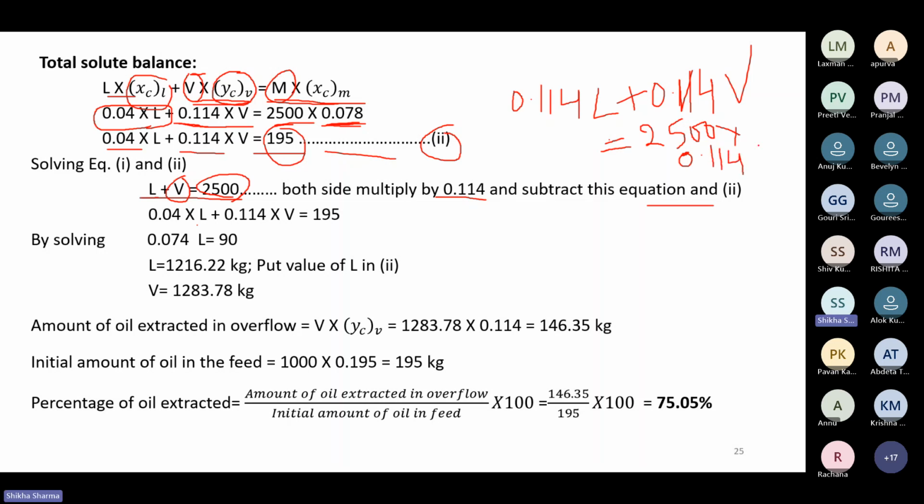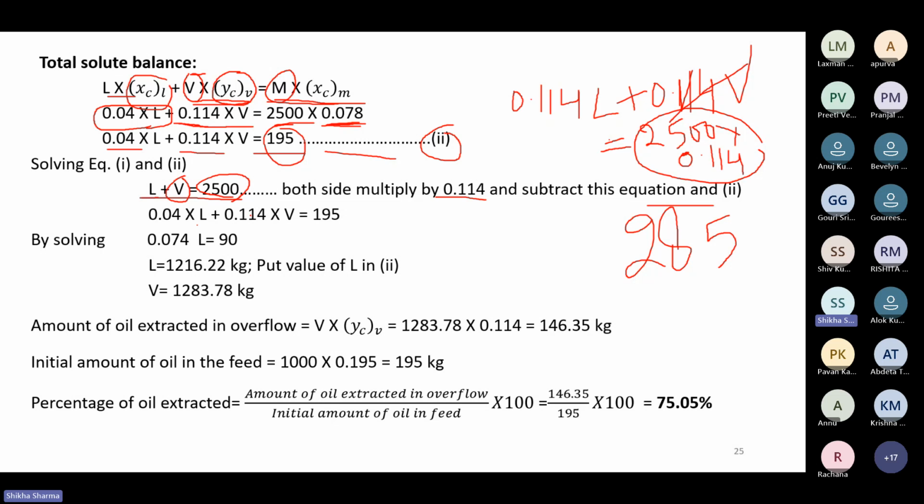So what is the value of 0.114 times 2500? 285. Okay, thank you. So this is 285.